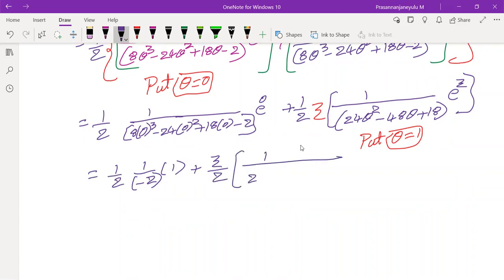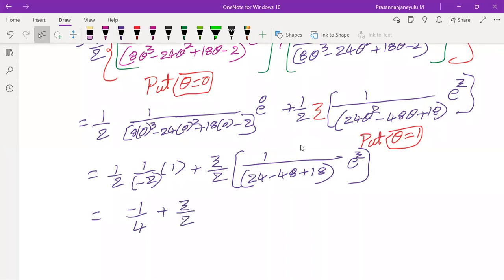Then it will become 24 minus 48 plus 18 only of e power z. So we are going to get in a few seconds our yp. So minus 1 by 4, sorry, minus 1 by 4 plus z by 2 into what is the denominator part we are going to get?